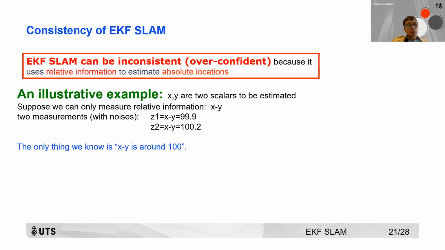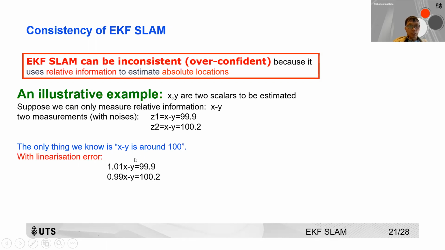But suppose we are not talking about a linear system. If we are talking about a nonlinear system, then with nonlinearity and linearization error, the first measurement may give us something like 1.01x minus y equals 99.9. And the second one, linearized at a slightly different point, gives us 0.99x minus y equals 100.2.